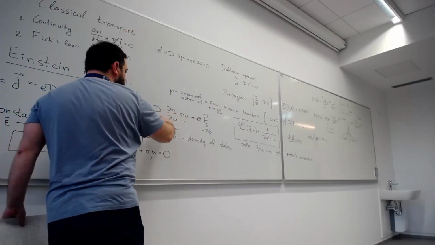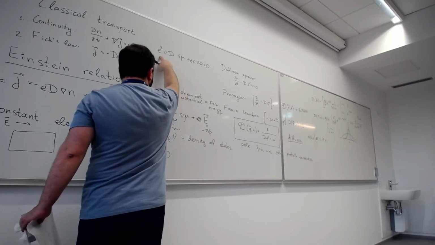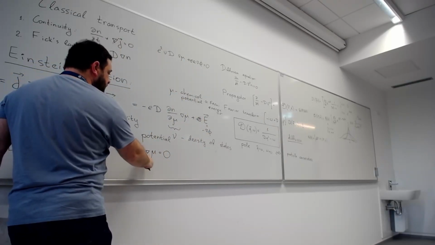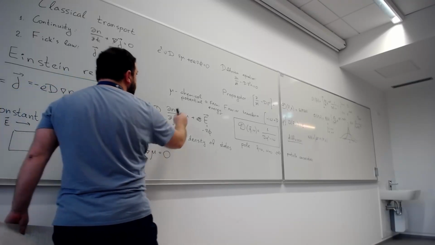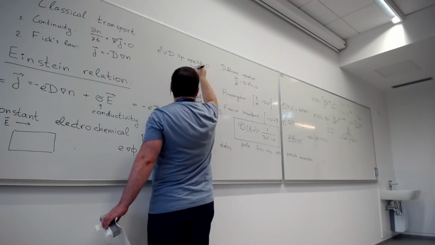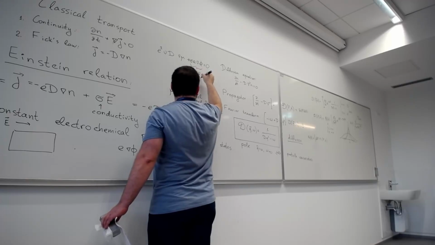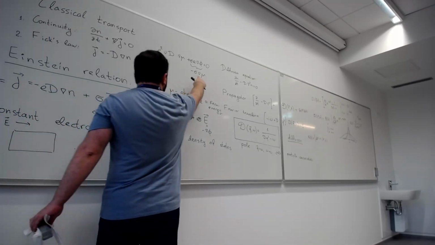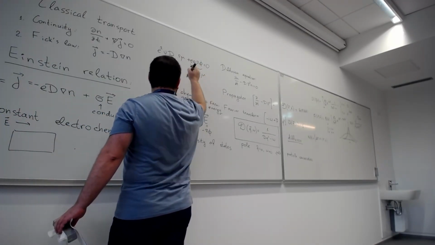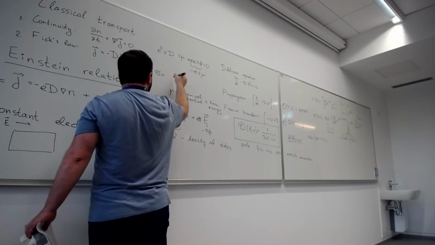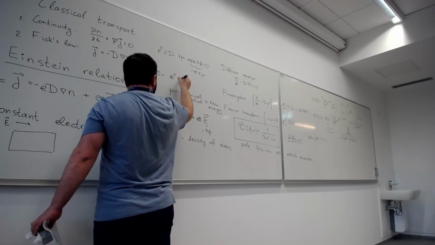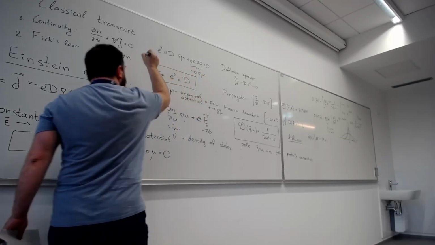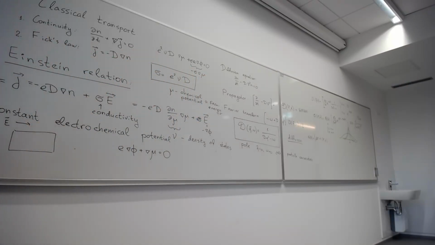It's just the same relation. I changed the overall sign and multiplied it with the electron charge. And then E times gradient phi is minus gradient mu. So this is minus sigma gradient mu. Gradient mu I can cancel out, and sigma from here is E squared times nu times d. This is what is called the Einstein relation.